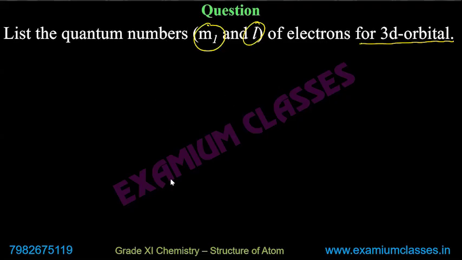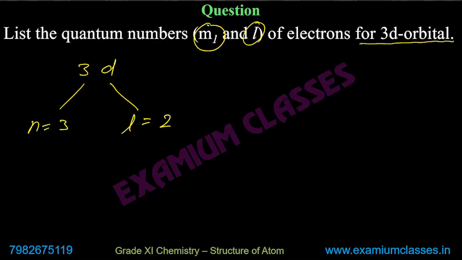Okay, as quite a few students say that they don't understand how to do this question, I'm telling you here. 3D means n is 3 and l is 2. List the quantum numbers ml and l.